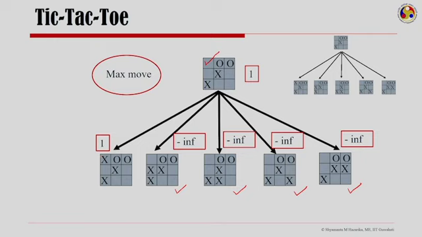So, it is Max's move and I want to maximize the value of the evaluation function. So, under this scenario, I would love to place an x in this particular position. This is what is done by computing the evaluation function.